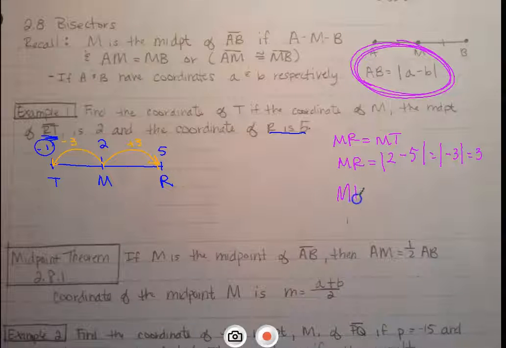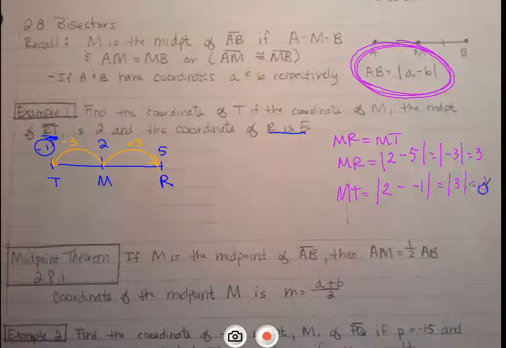All right, so MT equals the absolute value of 2 minus -1. So the absolute value of 3 is 3.